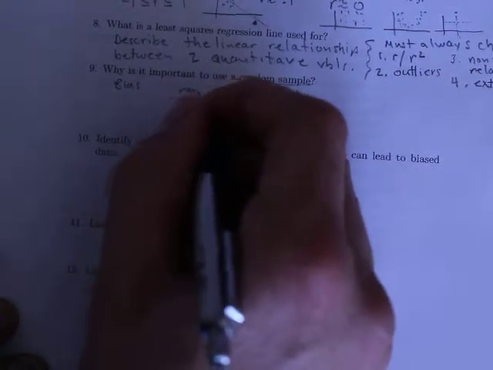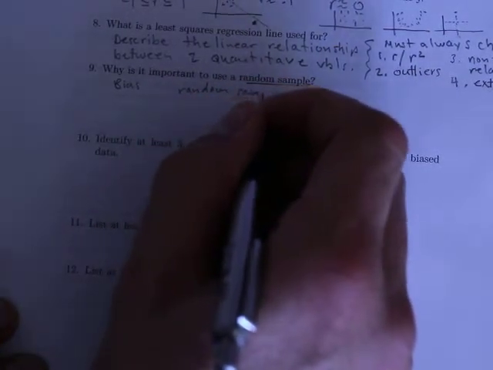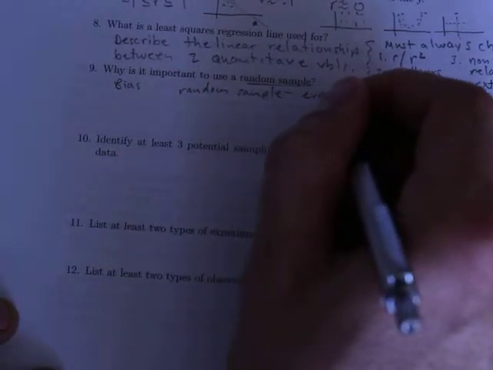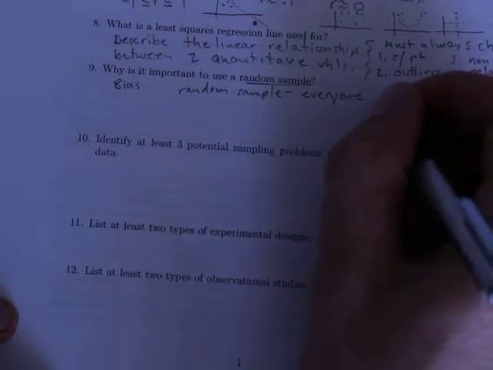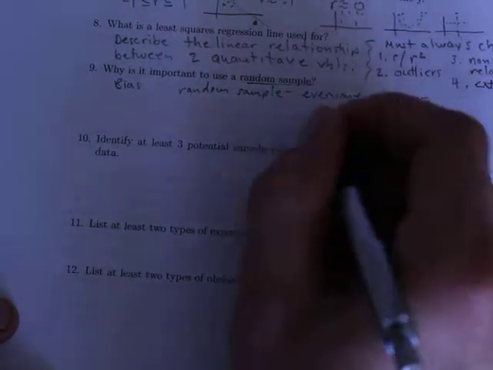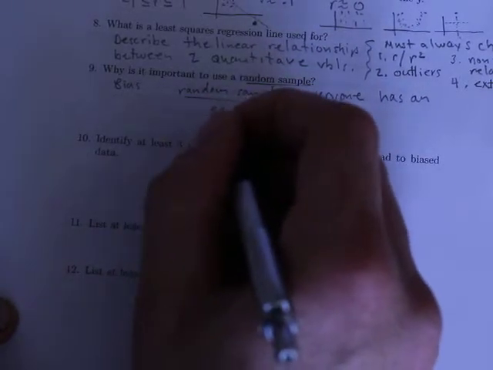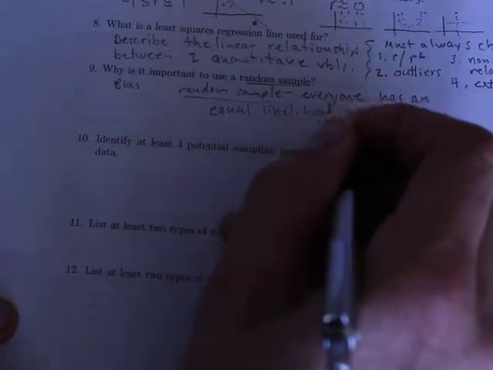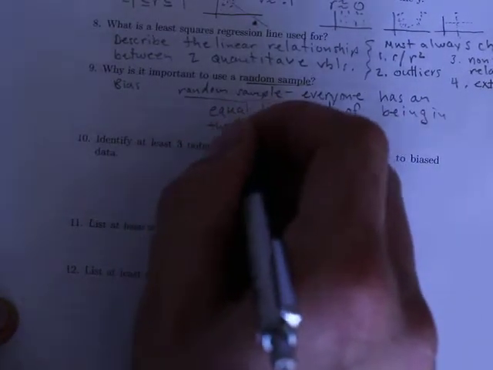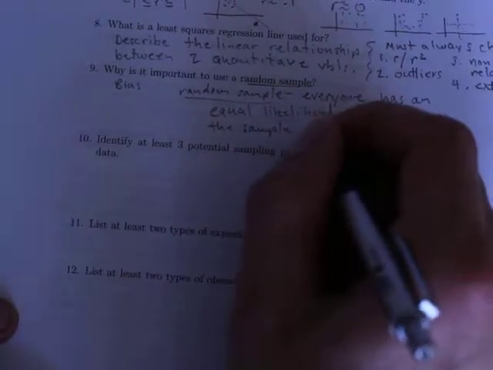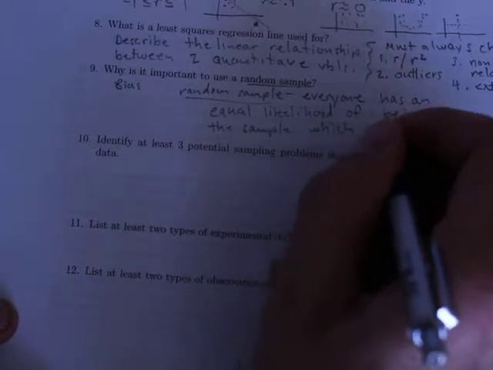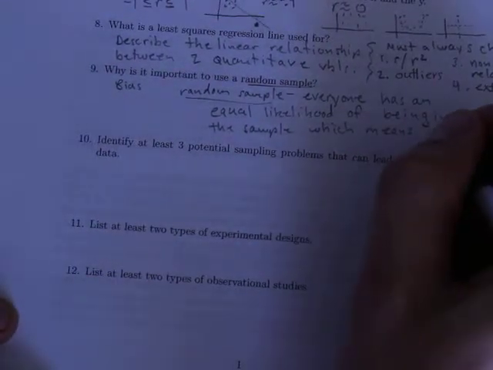Random sample eliminates that. What a random sample does, a random sample gives everyone in the population the equal opportunity to be in the sample. So everyone has an equal likelihood of being in the sample, which means that you have fair representation.